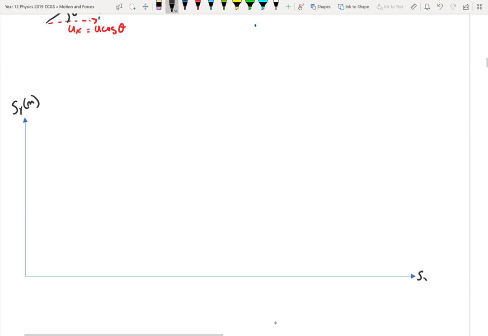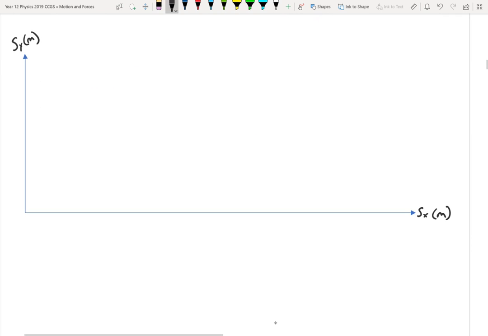So we're going to have sy on the vertical and sx on the horizontal. What I'm next going to do, and just wait because I'll probably stuff it up, but I'd want you to plot the position of the projectile at every 1 second interval. And I'm trying my darndest to sketch out a quadratic. Not the greatest. I reckon this little dude could go down a little bit. Try your best.